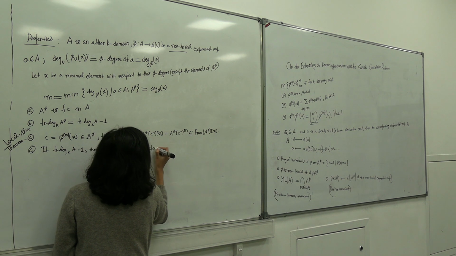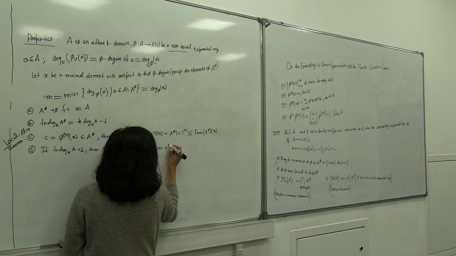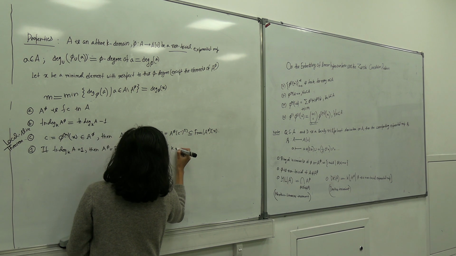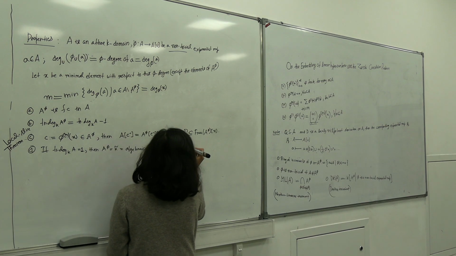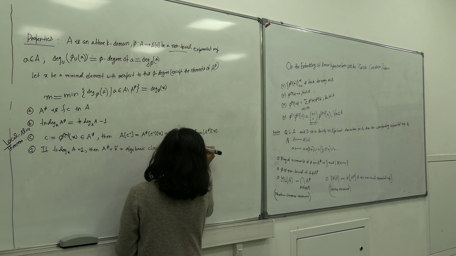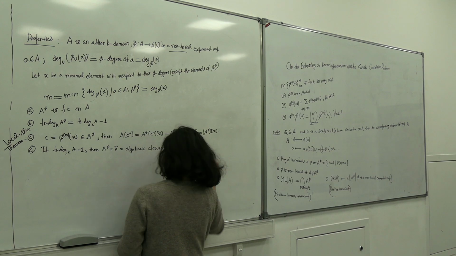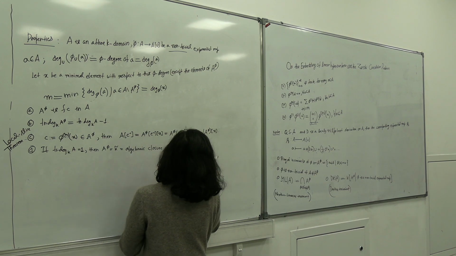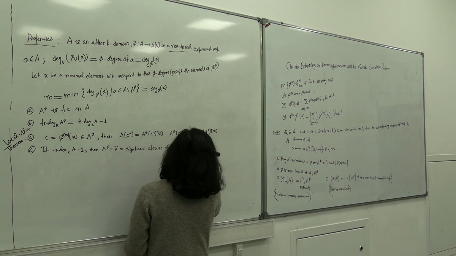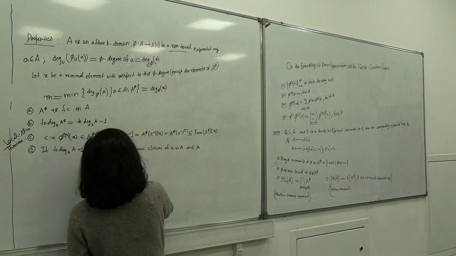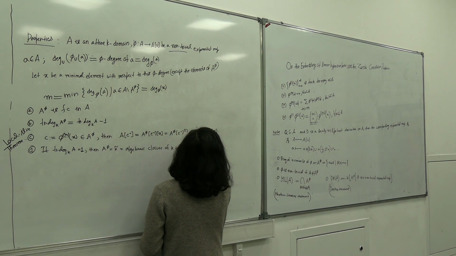Algebraic closure of k in A, and as expected this kernel will be k tilde and A will be k tilde of 1, because this C is now inside k tilde and it is a field.